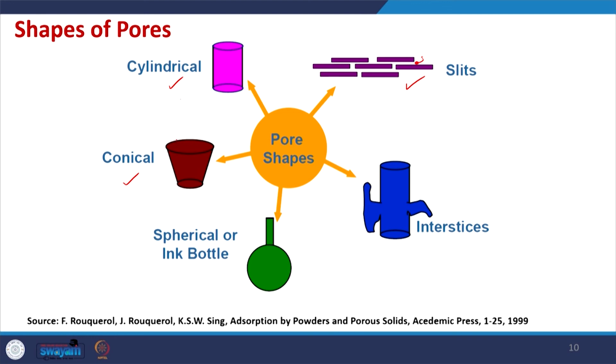Initially the pore size is bigger, but it becomes smaller over a short length, so that falls into the category of conical pores. There is a possibility of ink bottle type pores, where the inside of the pore is very big, but the path for moving inside is very small. Similarly, interstices may also be there. So, these types of pore shapes are possible.